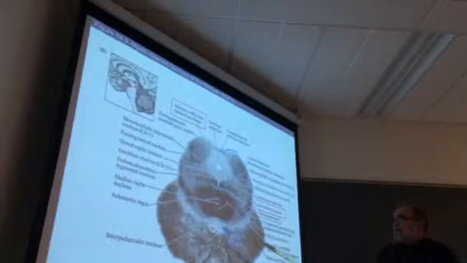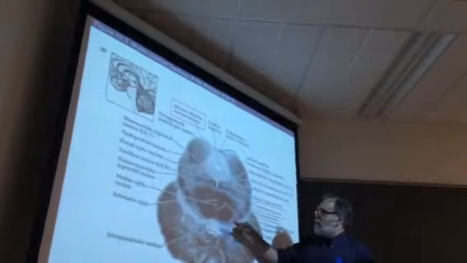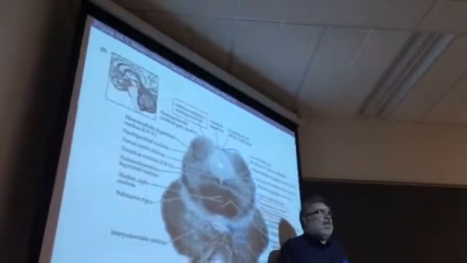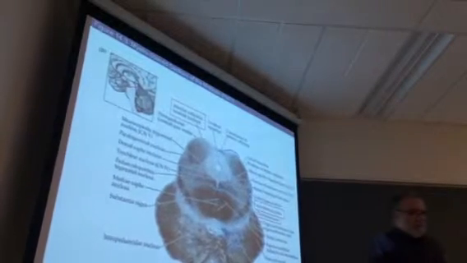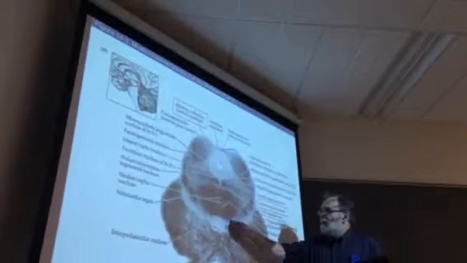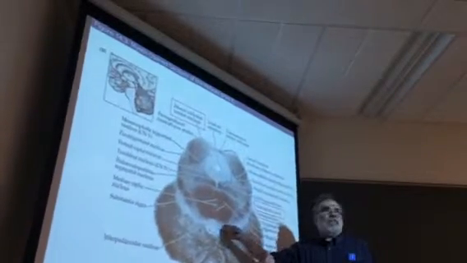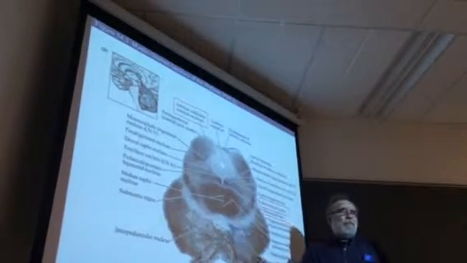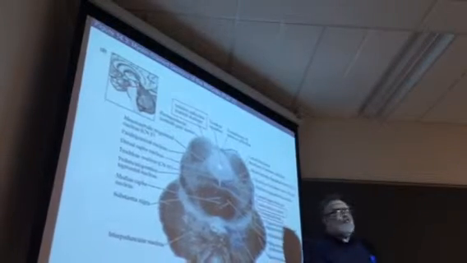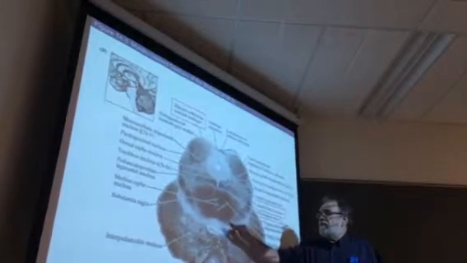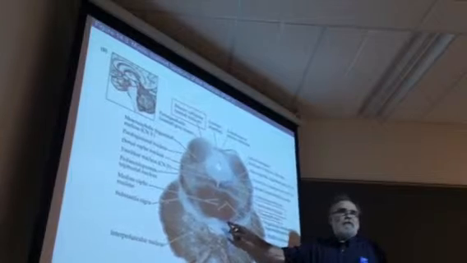All right, and then we have the rubrospinal tract. That's actually sitting down here. The point here is, don't think you have to know a little streak in here. You should be able to look at something like this and say, well, it's right about here.